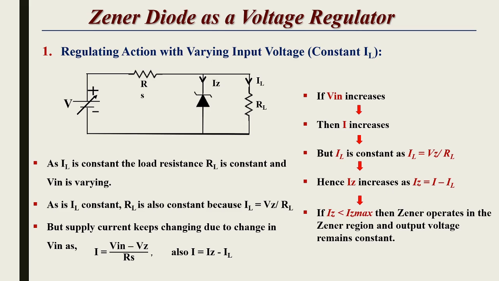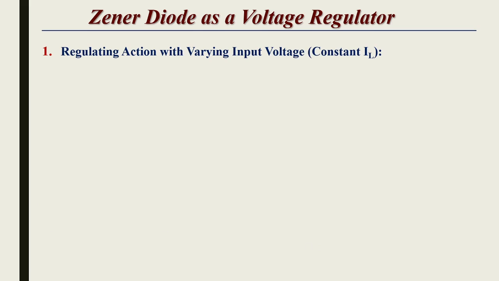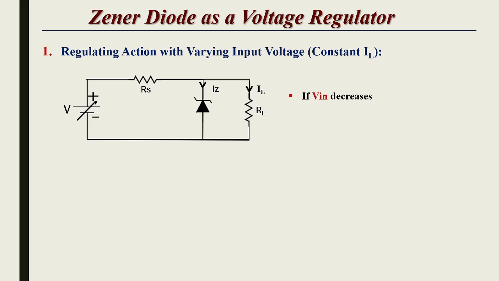So Iz is increasing, but if it is less than Iz max, then the Zener operates in the Zener region and the output voltage remains constant. Now, if Vin decreases, then I will decrease, but IL is still constant because IL is equal to Vz by RL.